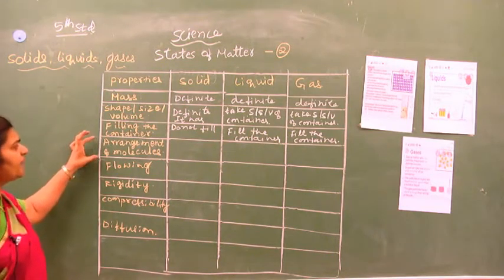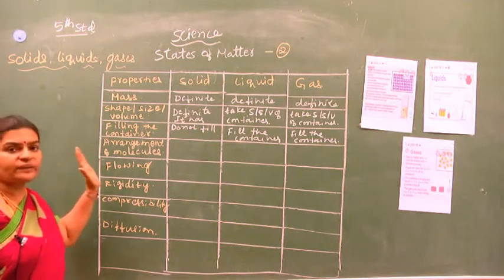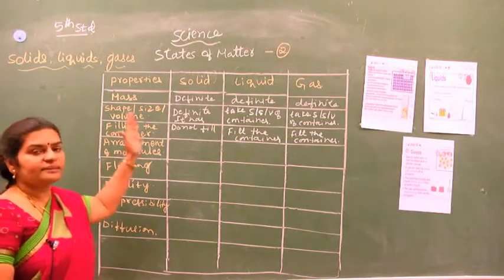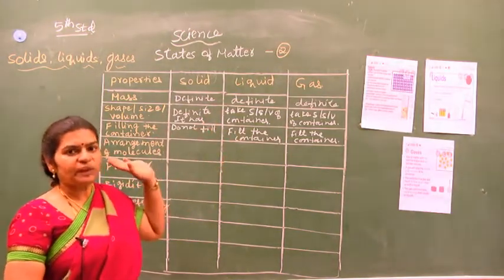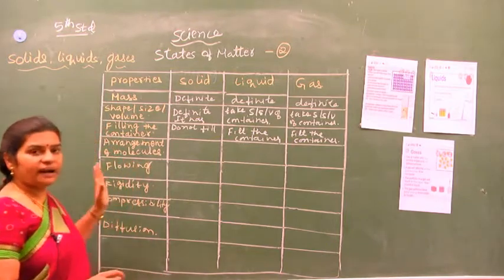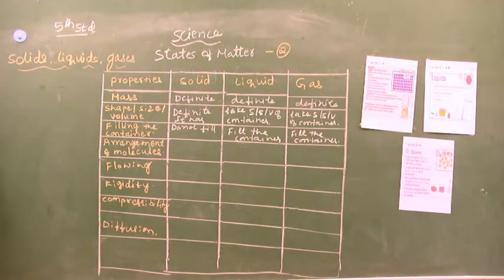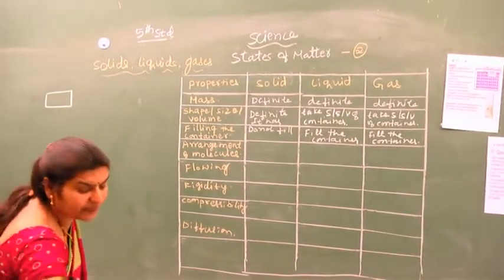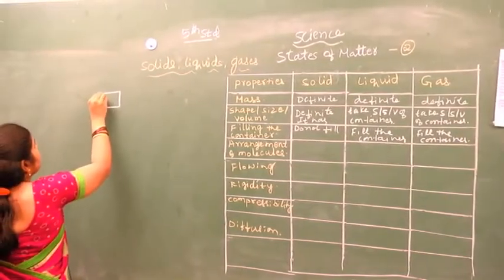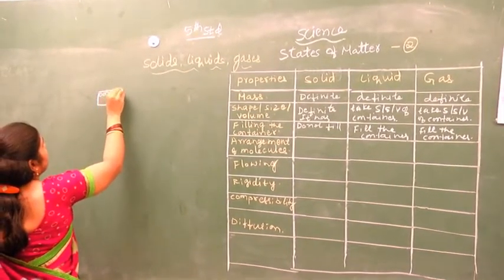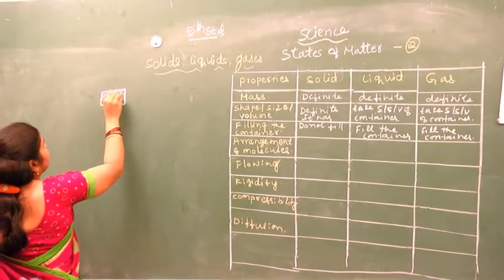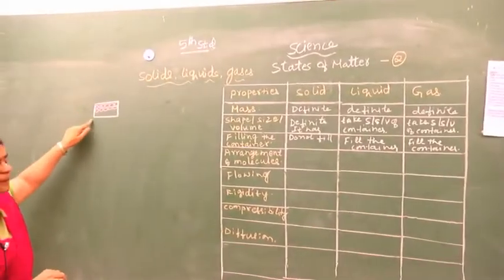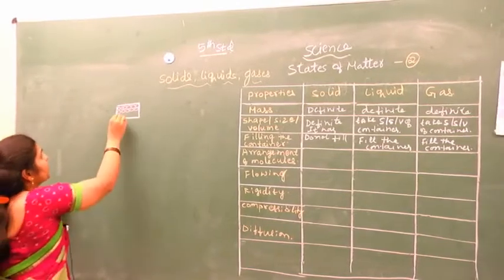Then the next thing that we are going to consider is the arrangement of the molecules, the arrangement of the particles in case of solid, liquid and gas. In case of the solid, how will the particles or molecules be arranged? The molecules will be arranged very closely packed, so there will be very little distance between each particle.